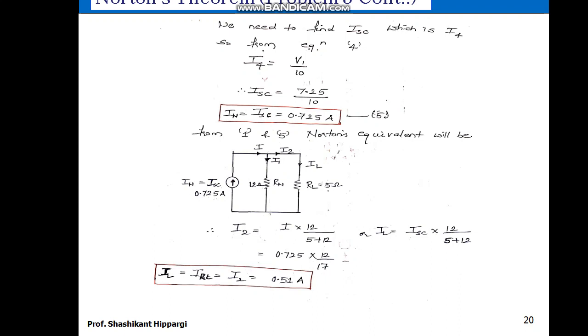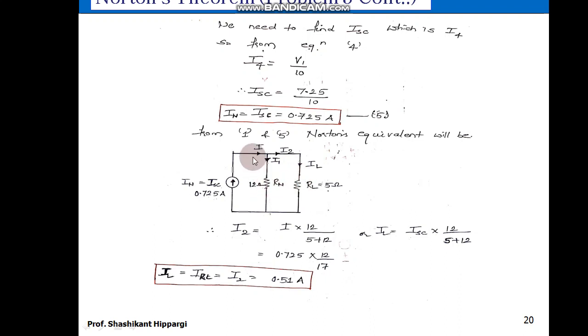I2 is always equal to the main current which is entering this node, and the main current entering this node is I. So I multiplied by the other resistance in which I am not interested. I am interested in calculating the current through this resistance, so I am not interested in this.